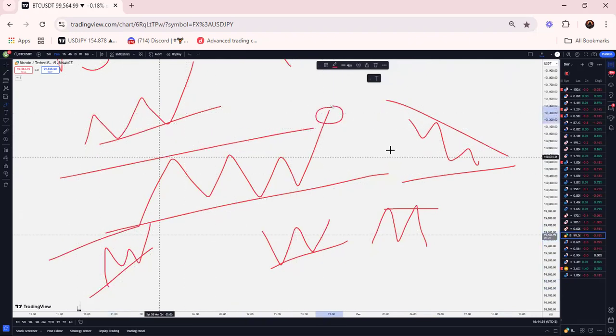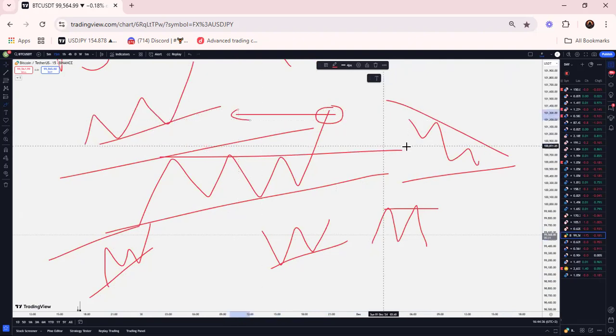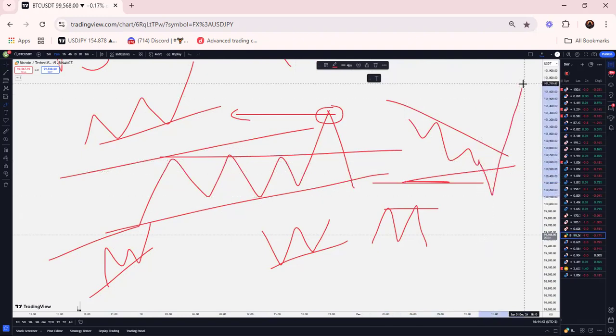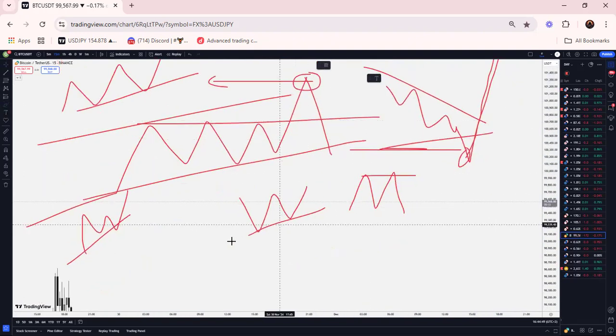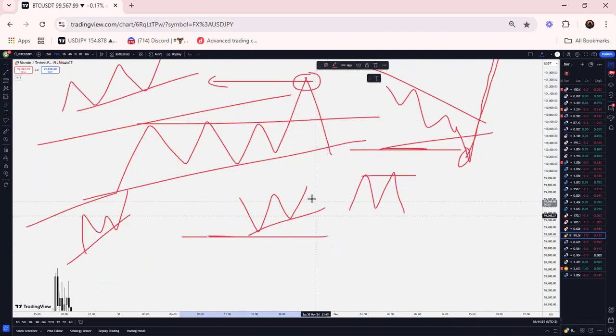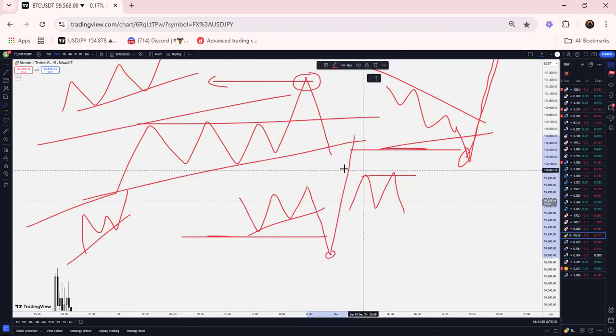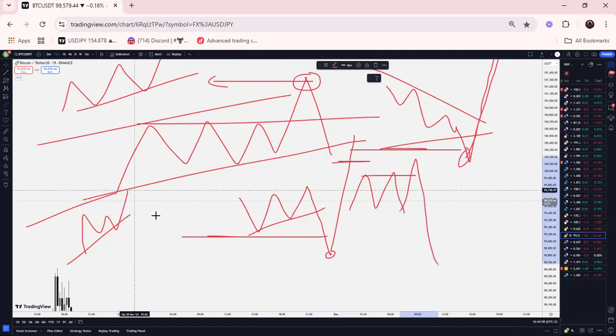Once price took any level of liquidity here from the left, price will reverse like that. Let's say we have a level of liquidity here. Took it, and that's the inducement, that's the reverse, the mitigation. Same thing here. Let's say we have a level of liquidity here, inducement, mitigation. Same thing. Level of liquidity here, inducement, mitigation.